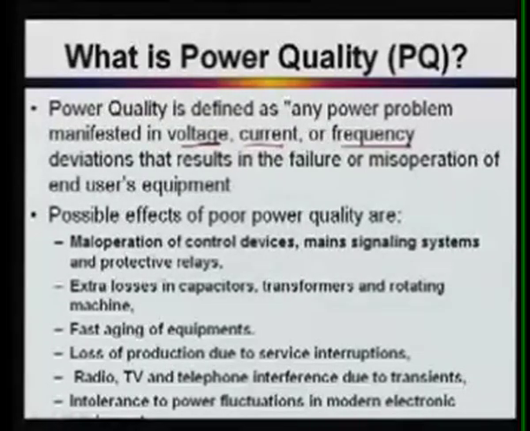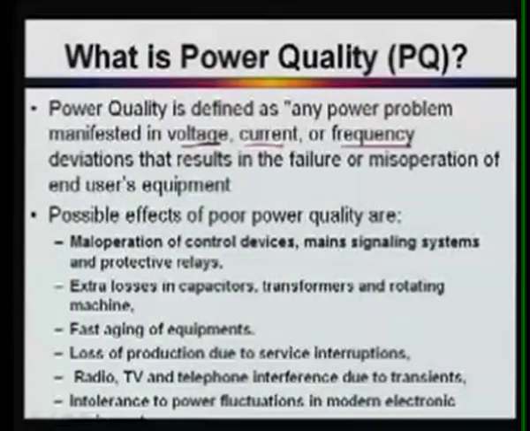The possible effects of poor power quality include maloperation of control devices. There are a lot of machines that are very sensitive to changes in frequency. We are using a lot of control devices, and they are directly related to the frequency of the supply system.